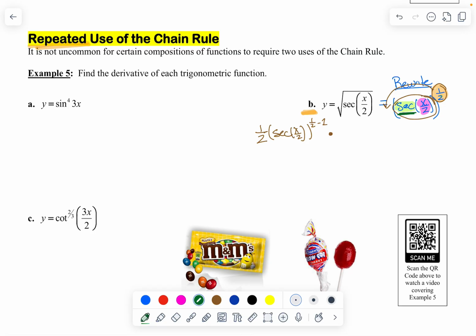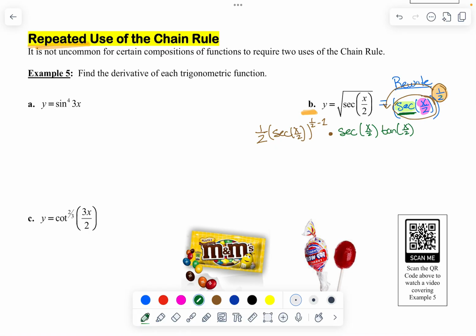In this case, the second function is secant. The derivative of secant is going to be secant tangent, and it's the secant of this stuff. So secant of x over 2 times tangent of x over 2, right?